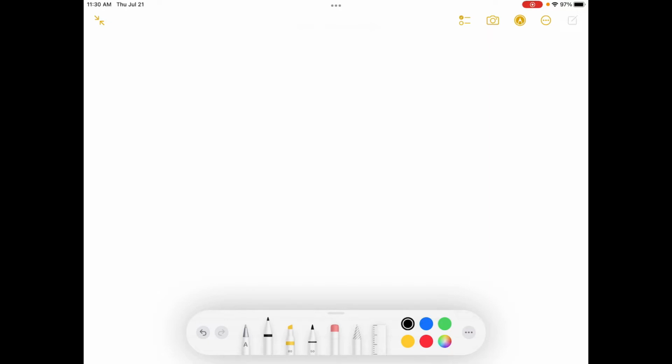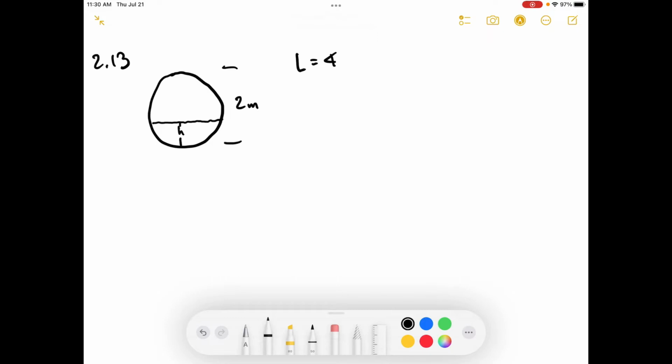Okay, so 2.13. Let's draw the situation that we've got. We've got a drum that's laying down. Oh, and they provide this picture as well. It's filled with a certain amount of liquid, and the liquid height is H. The drum is 2 meters tall, and the length is equal to 4 meters.